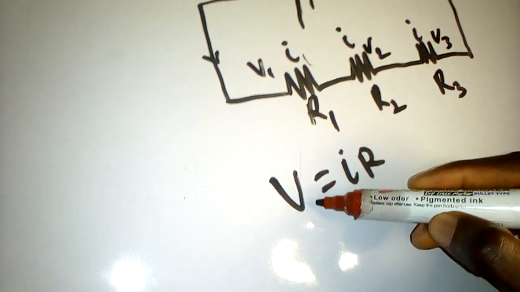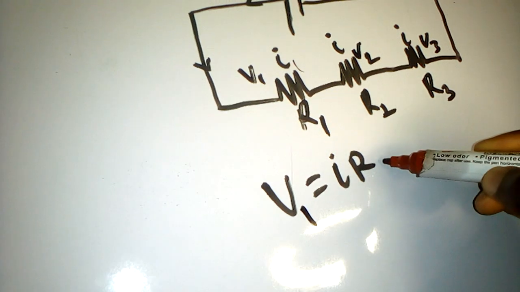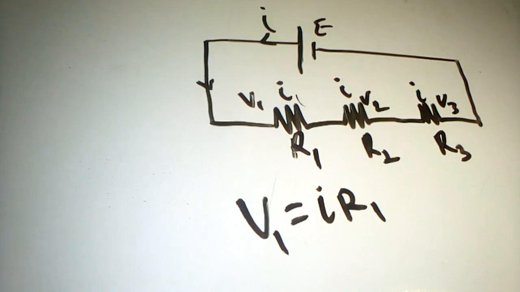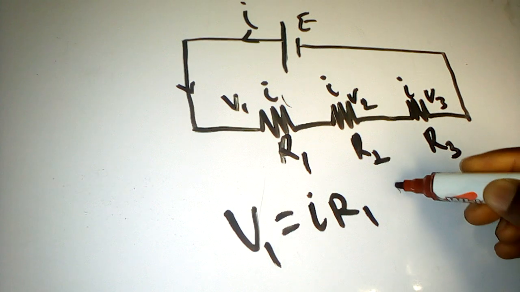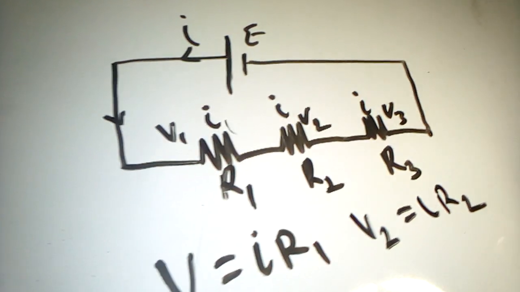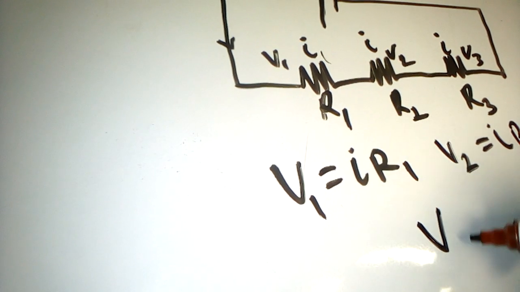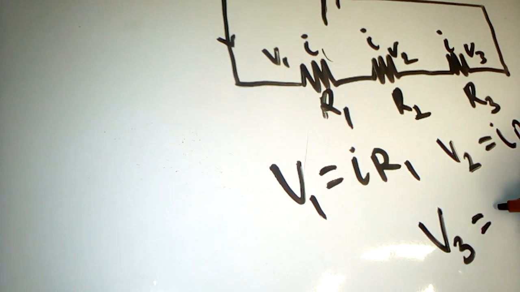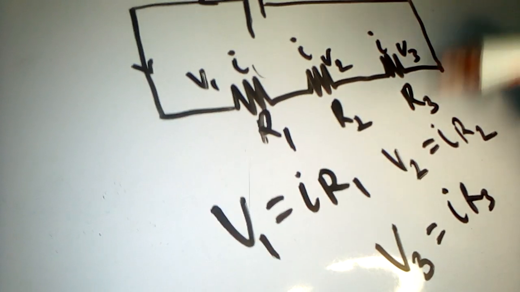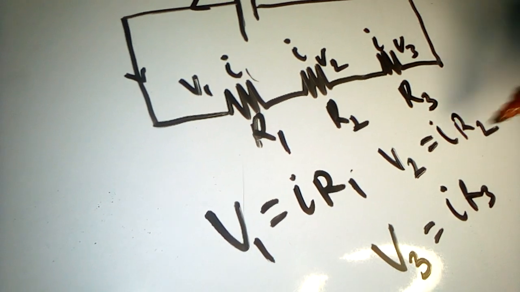So V1 is going to be I multiplied by R1. V2 is going to be I R2. Then V3 is going to be I R3. For the fact that the resistances are different, the potential differences will be different.